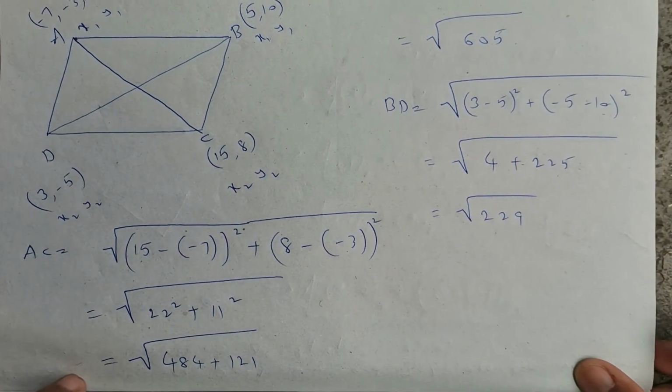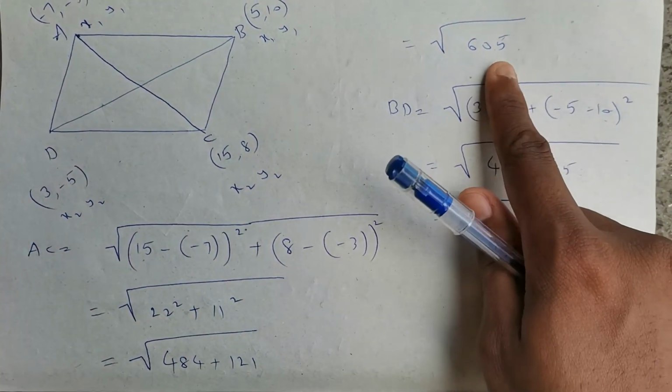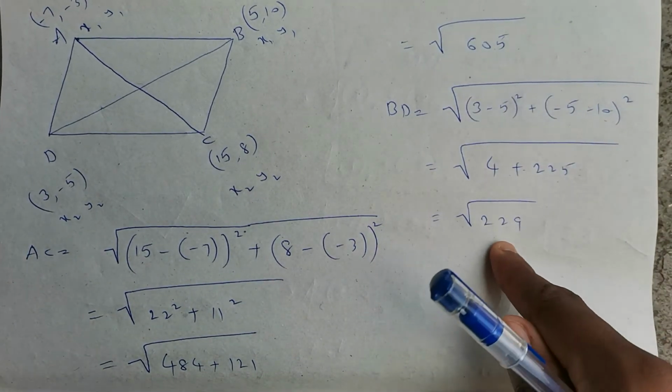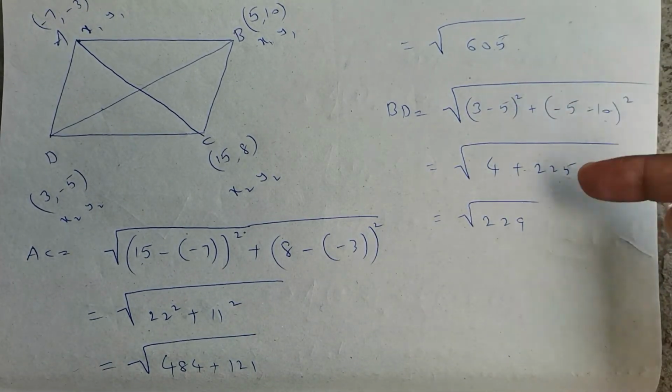Now if we observe the diagonals here clearly, the first diagonal is under root 605 and the second diagonal is under root 229. Both are completely different.